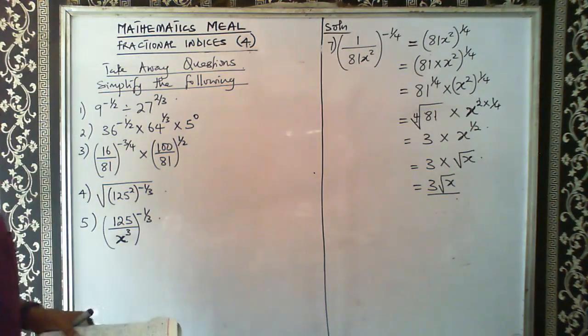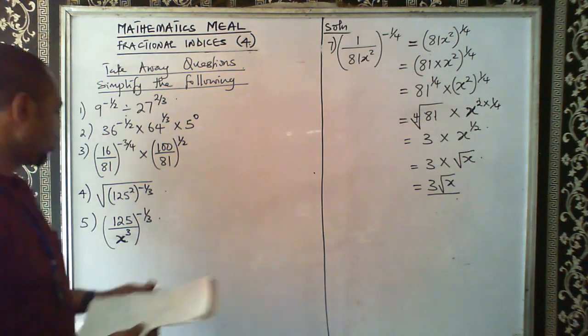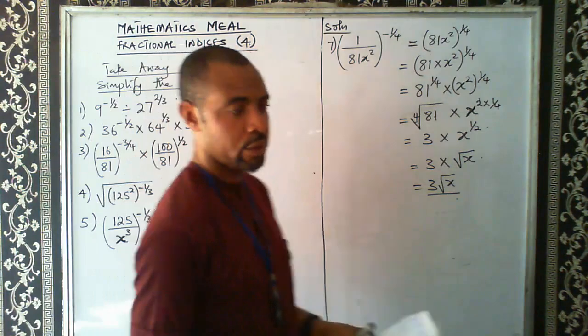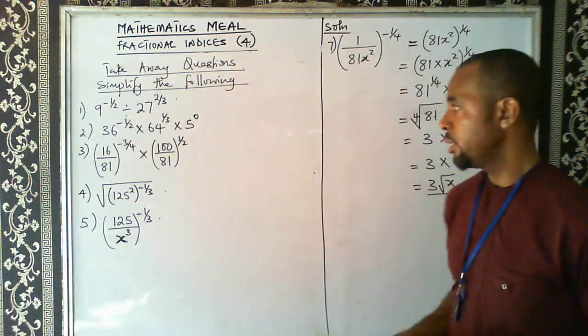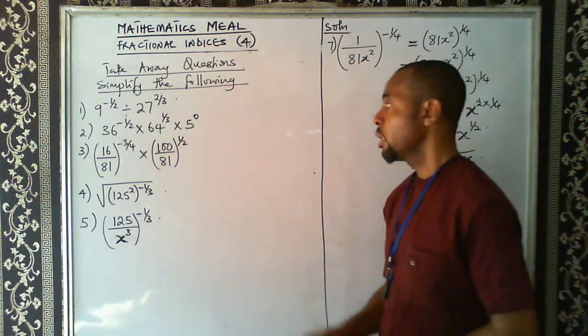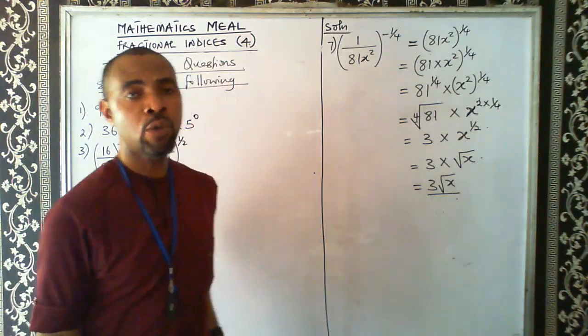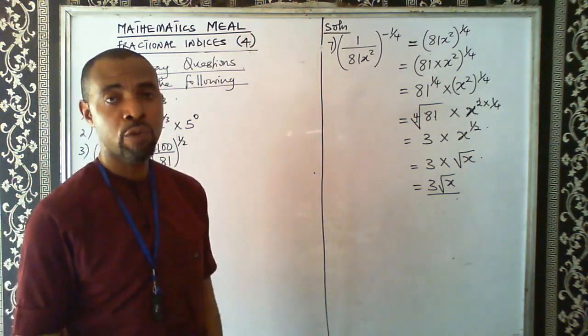Okay, so let's enjoy these particular questions, just very simple questions that we can easily handle. So that in our next video we are going to do corrections on them, and then we can now move over to equations involving indices.